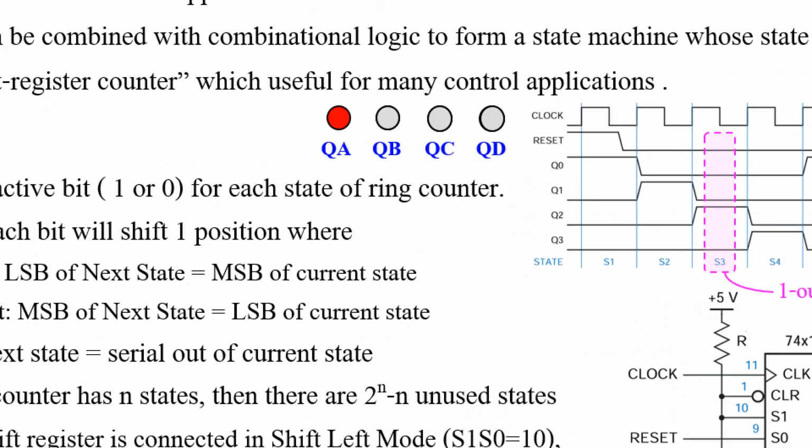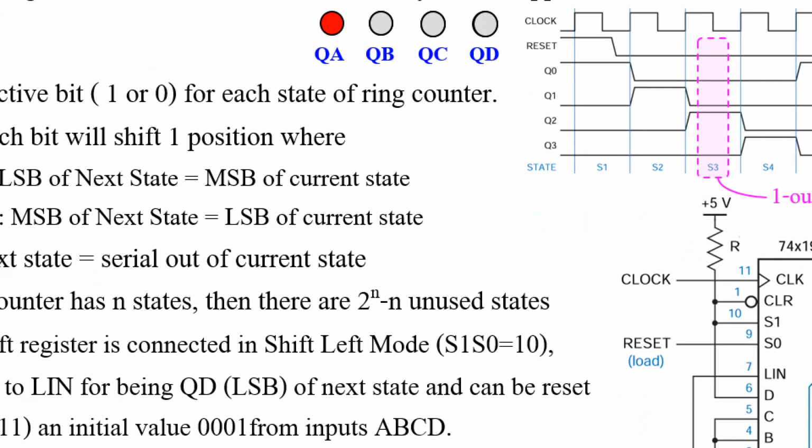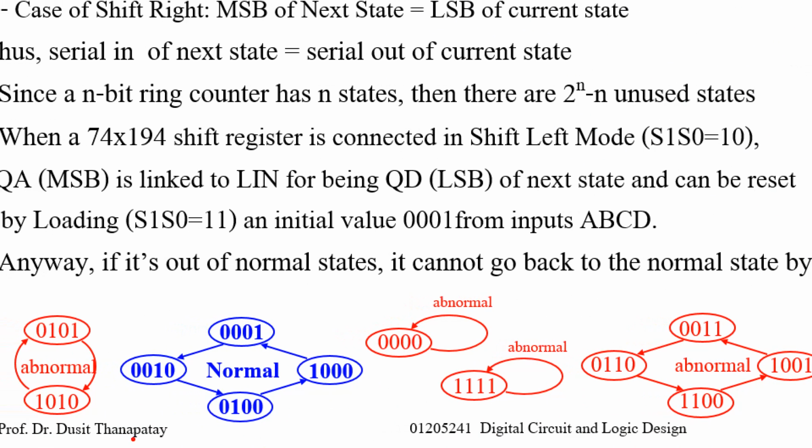At first, how many steps are there? QD active, only one bit, QC only one bit, and QB and QA. So there are 4 patterns. That means it should have 4 steps.